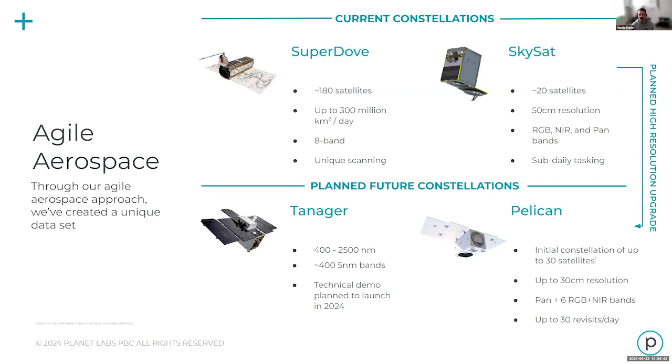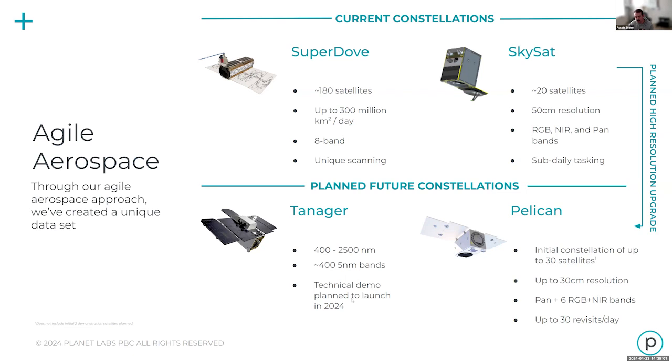We also have the Pelican mission, which is the upgrade to SkySat. And we're planning to have a constellation of up to 30 of these satellites. We're hoping to achieve a spatial resolution of up to 30 centimeters.